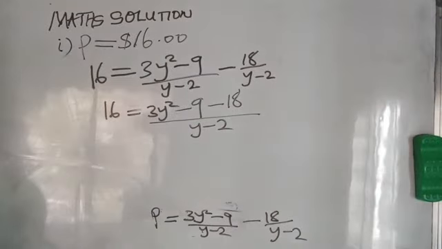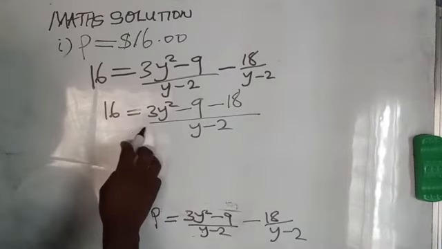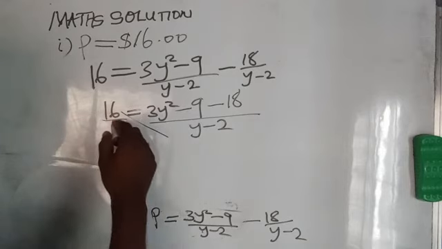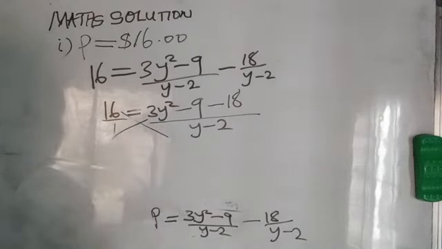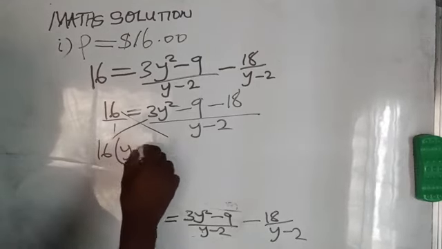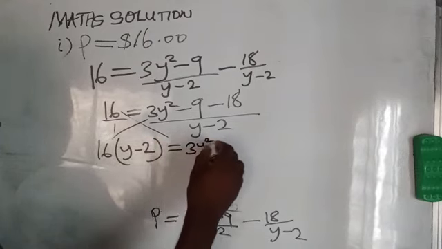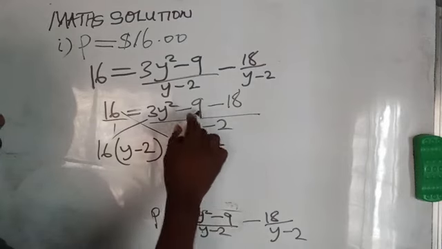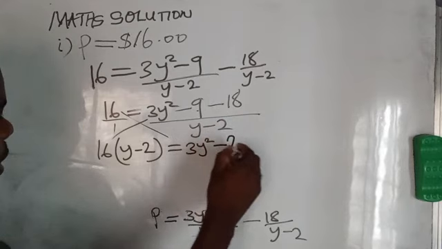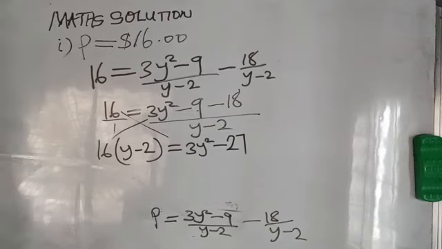Now, from here, you cross multiply. This is over 1, so that you have 16 times (y minus 2) equal to 3y² minus 9 minus 18, which will give us minus 27.